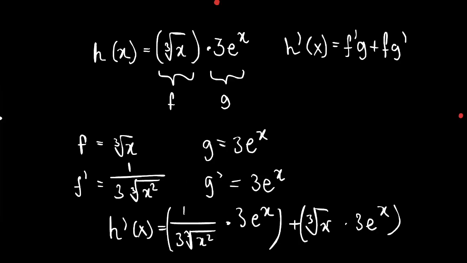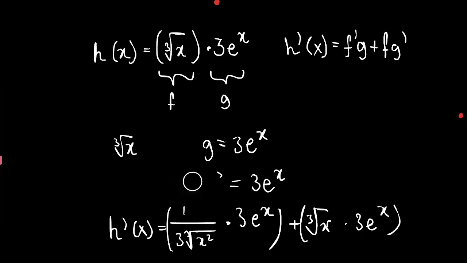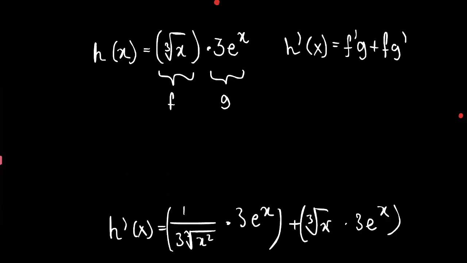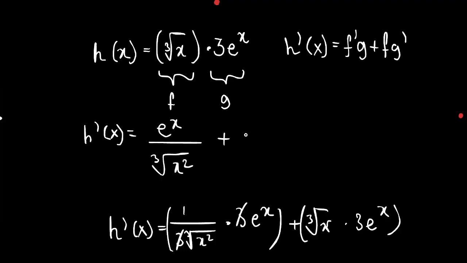If we want to go ahead and further simplify this, we can do that, obviously. And so we can see that these two 3's will cancel out, leaving us with e to the x divided by the cube root of x squared plus the cube root of x times 3 times e to the x.